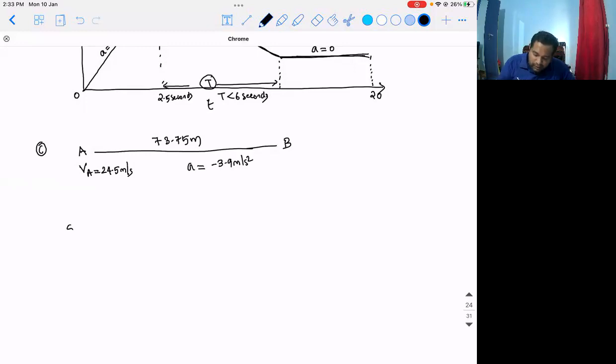Which equation can we use? S is equal to UT plus half AT square. So S is 73.75, the initial velocity is 24.5 T plus half times minus 3.9 times T square.